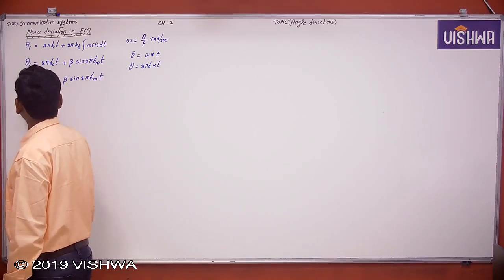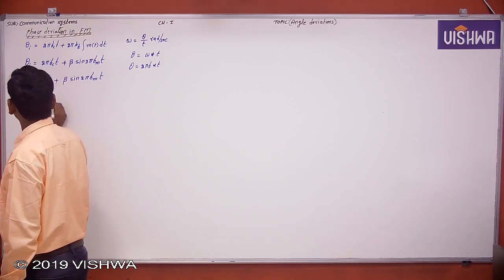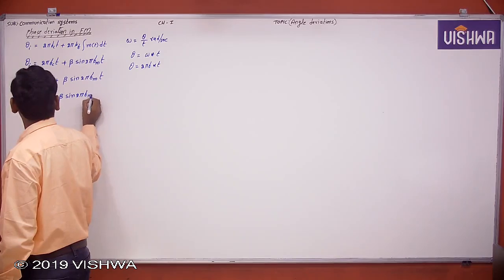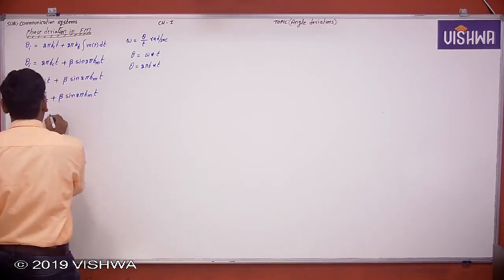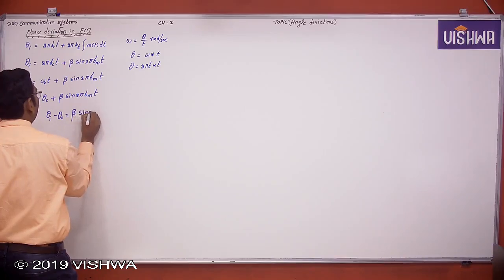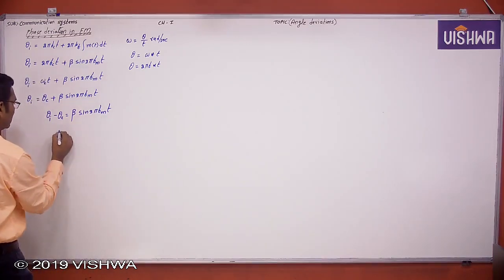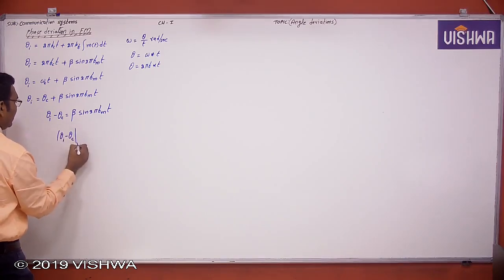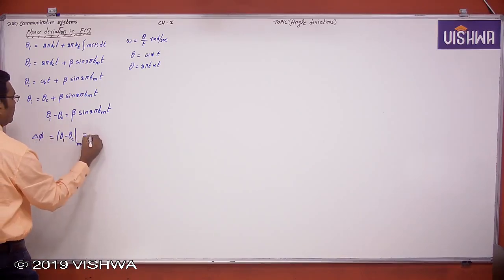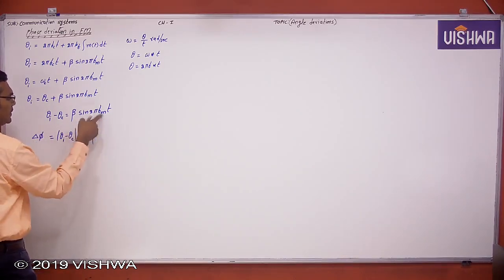Now theta i is equal to theta c plus beta into sine 2 pi fm into t. Now the phase deviation, the phase change, theta i minus theta c, is equal to beta into sine 2 pi fm t. Now the maximum phase change is nothing but the phase deviation, which is nothing but beta, since the sine value is 1.